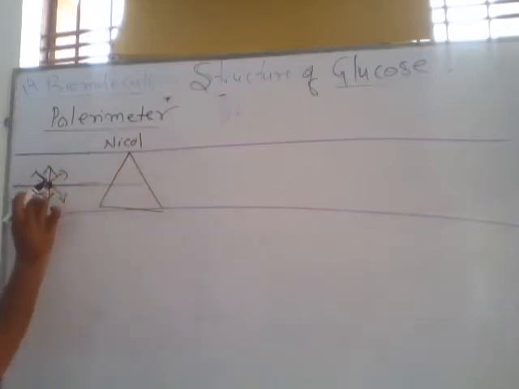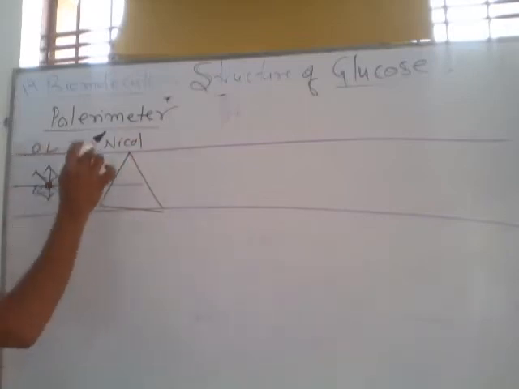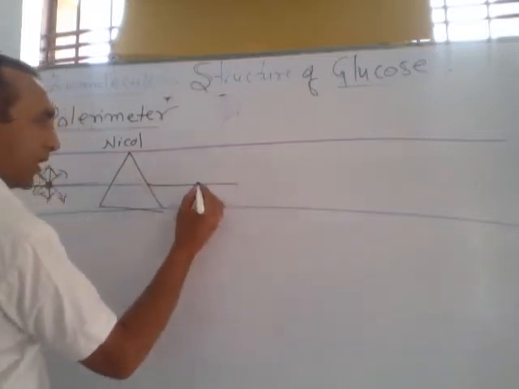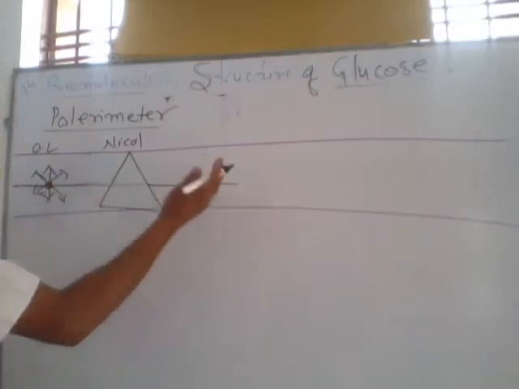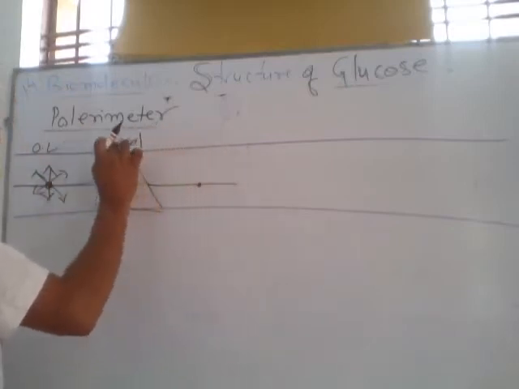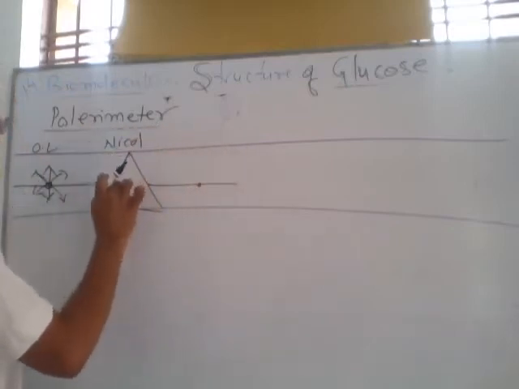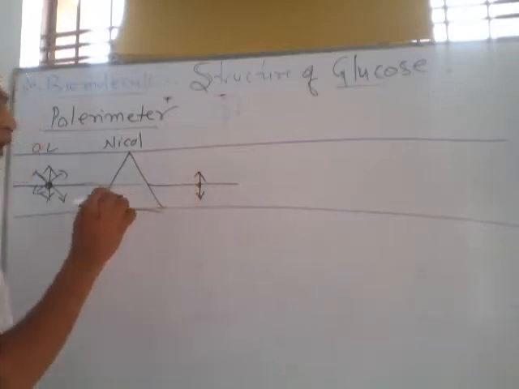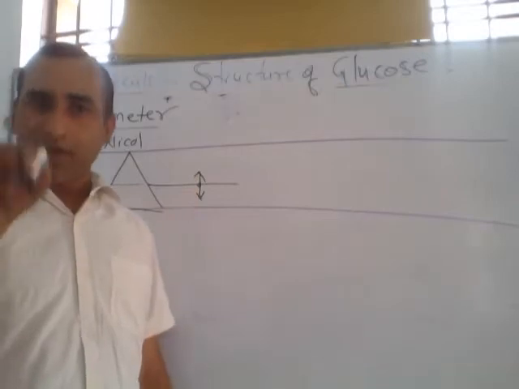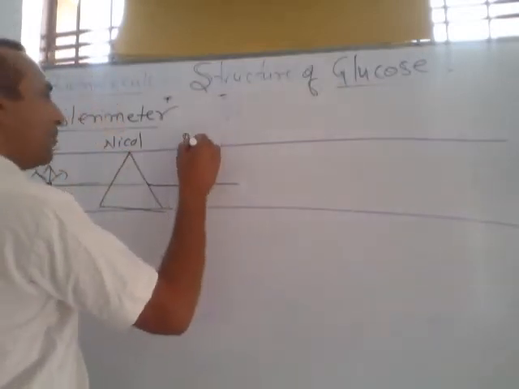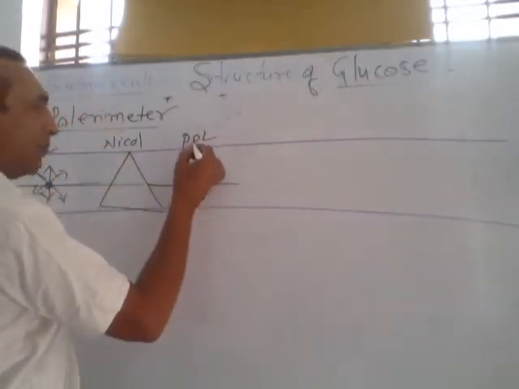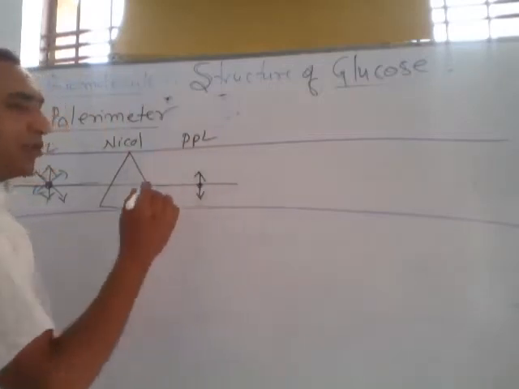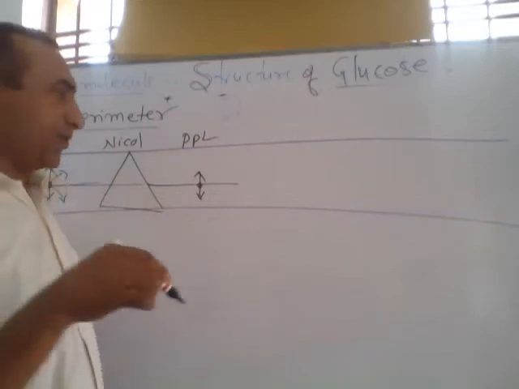After passing ordinary light through the Nicol prism, the light on removal from the Nicol prism has the vibration of the photon in only one direction. This is called PPL. PPL means plane polarized light. Plane polarized light means the vibration of the photon is in only one direction.